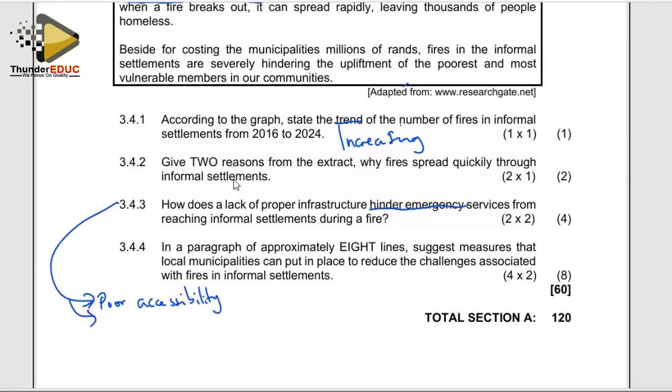They have poor accessibility, or sometimes access is limited or restricted. Some of the areas are not reachable completely. So emergency services cannot get there because it's completely restricted.